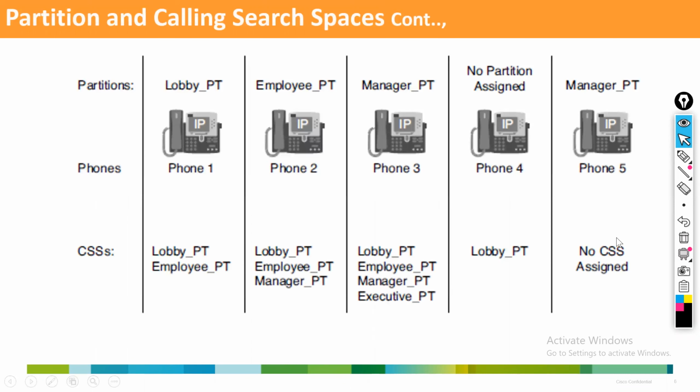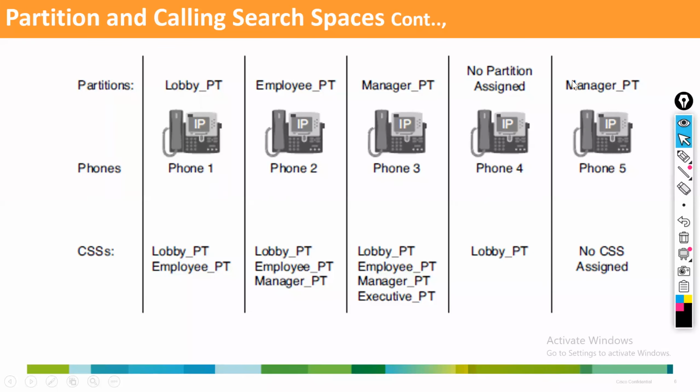Example. Say I have 5 phones in total: phone 1, phone 2, phone 3, phone 4, phone 5. Then I have created partitions. A partition is just a name; you can give any name. For example, lobby PT, employee PT, manager PT.